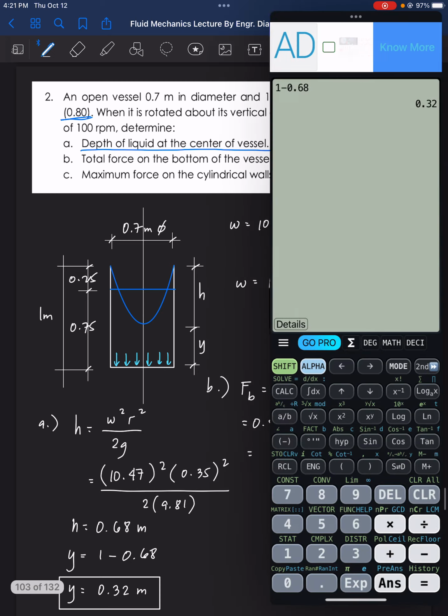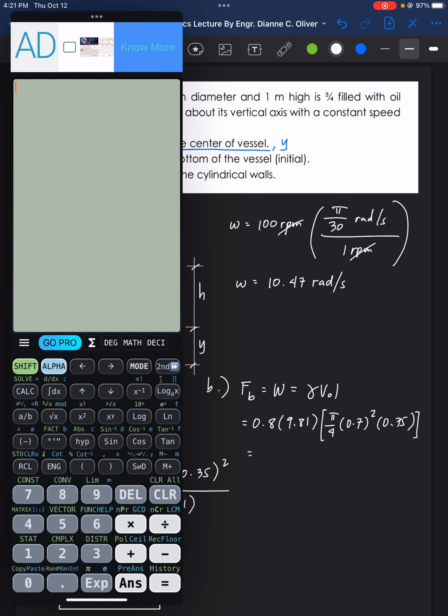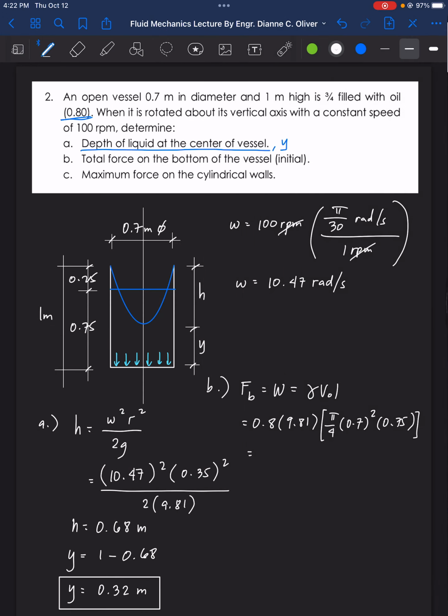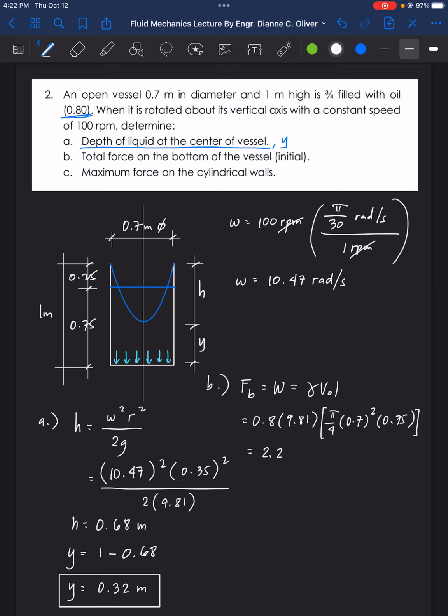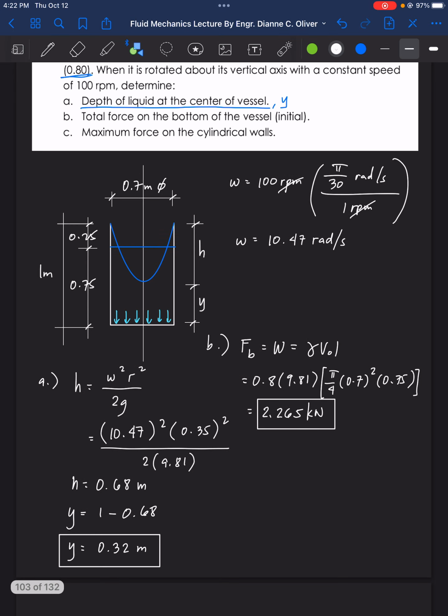So F_B is equal to 0.8 times 9.81 times pi over 4 times 0.7 squared times 0.75, which is 2.265 kilonewton. So that's the force on the bottom of the vessel. So that's B.